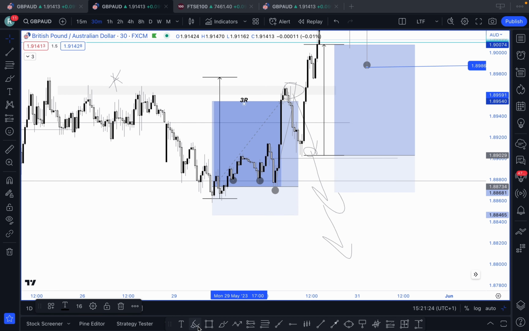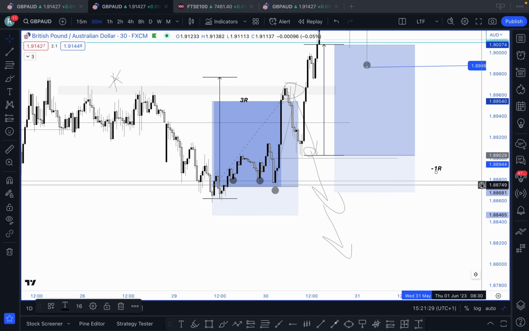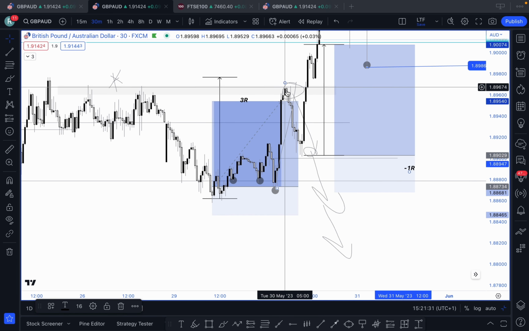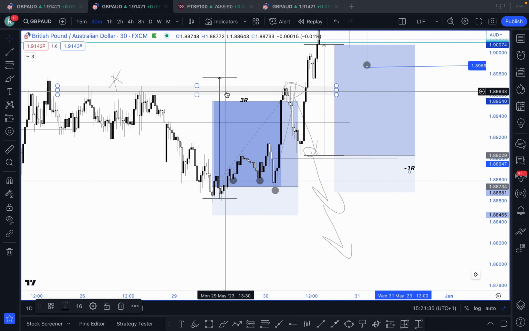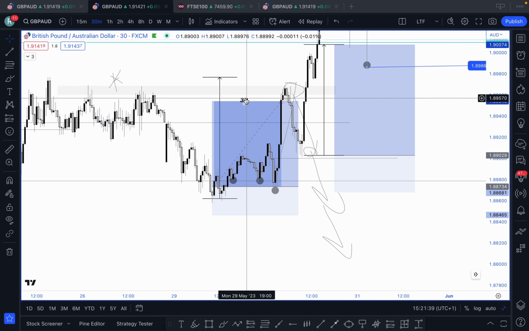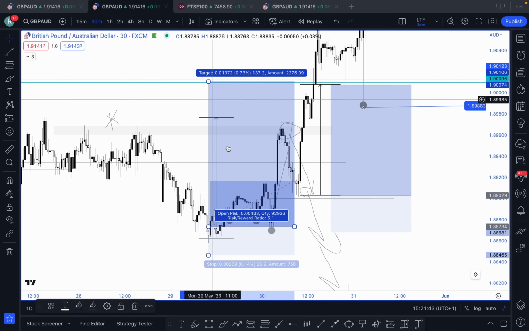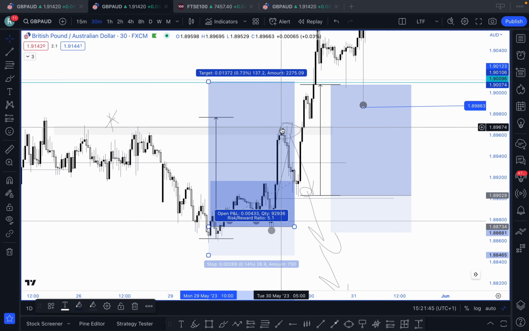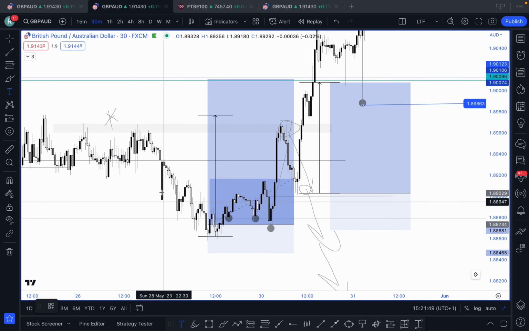I lose on this trade 1R, and the total result would be, even though my theory failed, plus 2R between those trades, so I would be winning all in all. Now let's say I only take one trade and I hold it up here, and the market pushes up into here, and then it pushes down and triggers my stop loss, then I would just have minus 1R.